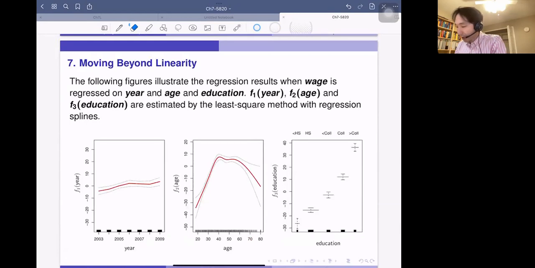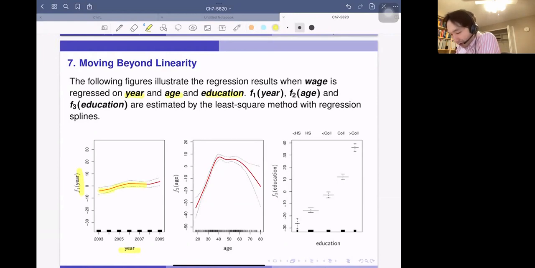Yeah, so this is one image of a GAM. We want to fit wage on year worked, age, and educational level. This is the relationship between wage and year. We fit wage on the year, and we have inflation over time.